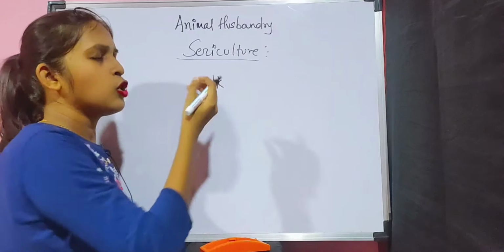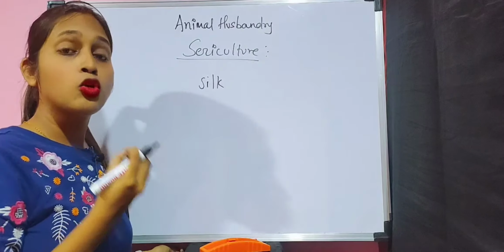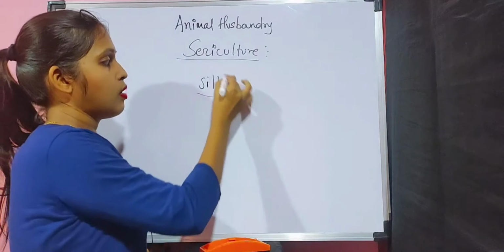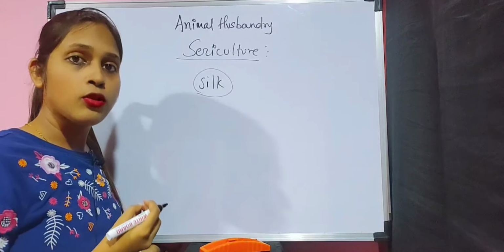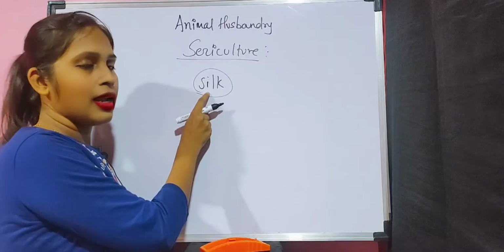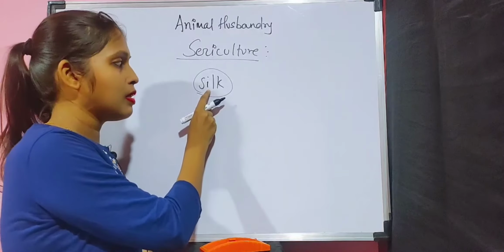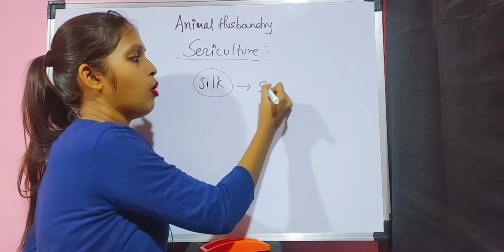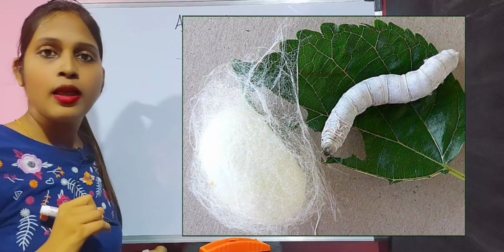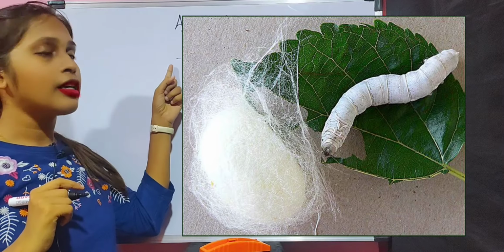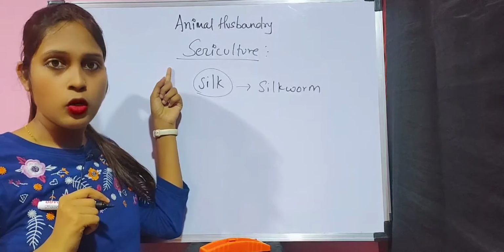That shiny, lustrous, smooth silk, from which different clothes and fibers are obtained, from where do we get this silk? The silk is obtained from an insect called silkworm, and that's where sericulture plays an important role.